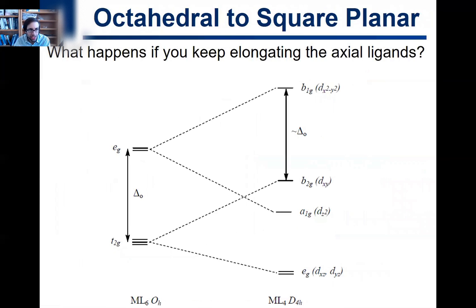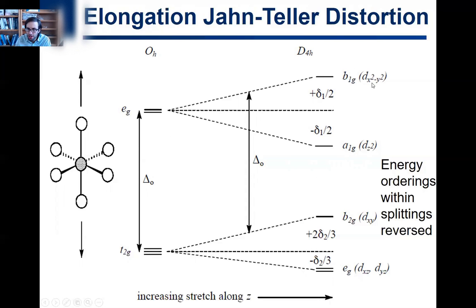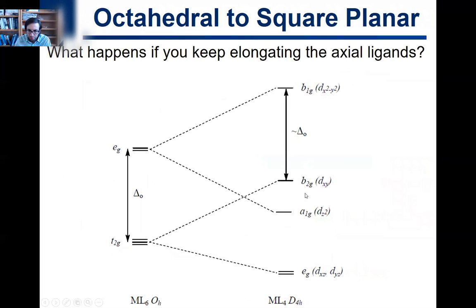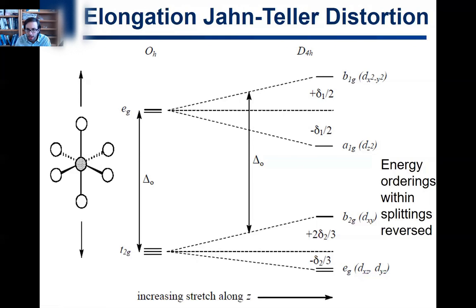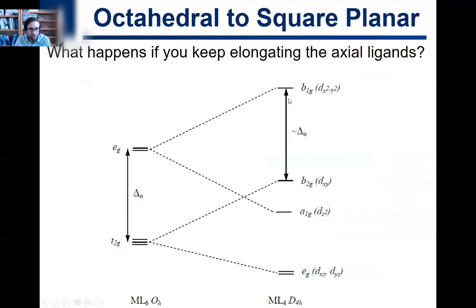What's kind of interesting is you can go to an extreme case of Jahn-Teller distortion where you can actually say, what happens if I make it infinitely long, elongated, right? And look what will happen. Here was elongation, you had an x squared minus y squared, you have a dz squared there. And essentially what you're going to make is the square planar diagram, right?